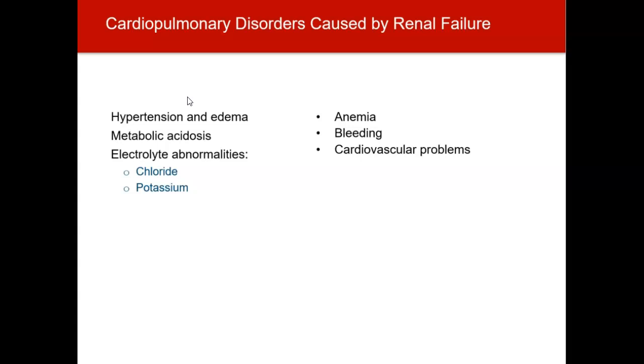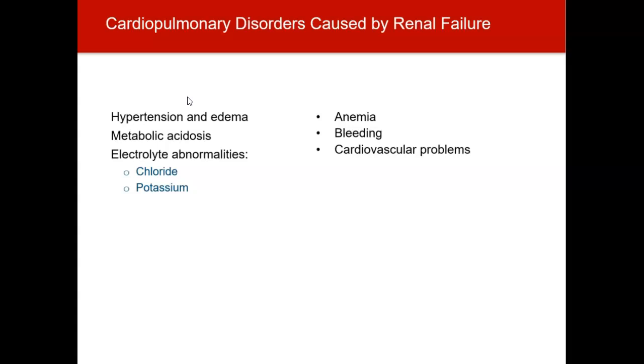A lot of times, like I said, chronic renal failure and cardiopulmonary problems can go hand in hand. In patients with acute, or sudden, renal failure, the body's ability to eliminate all of those wastes, water, or electrolytes is impaired.